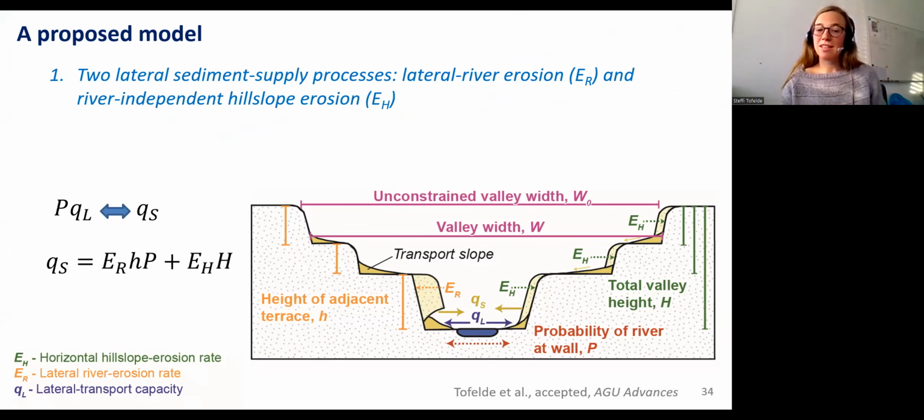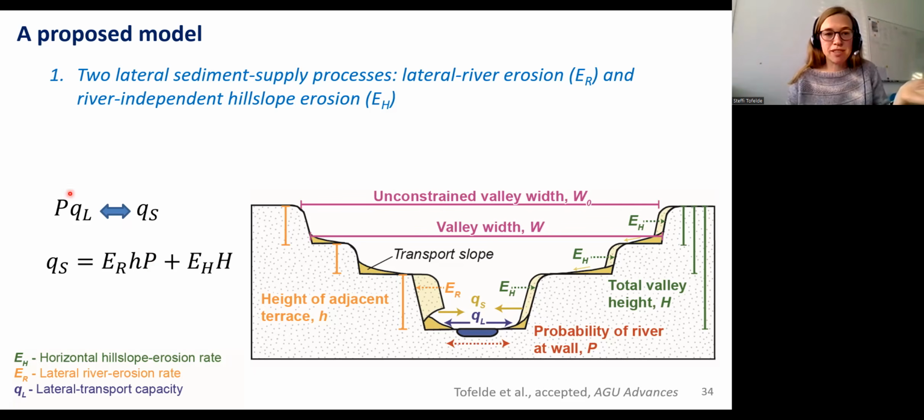It agrees with the previous model that the width to which a valley widens is the result of two opposing processes. On the one hand, we have the ability of the river to remove laterally supplied sediment and to drive further widening.